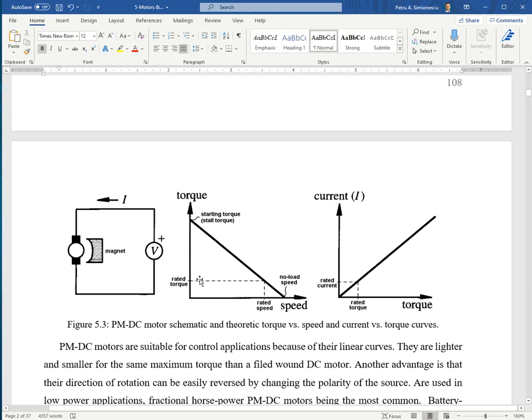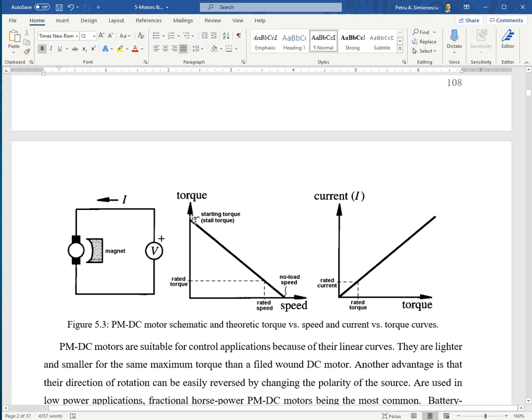But as this diagram shows, the maximum torque is at 0 speed, which is good for many applications. You start full load, say in case of a little ride-on toy for children, or power tools.